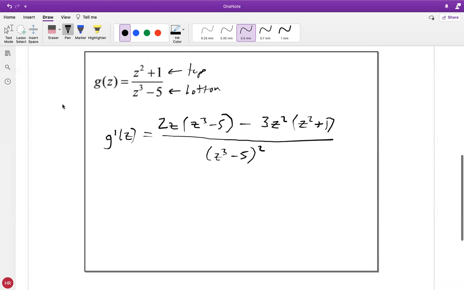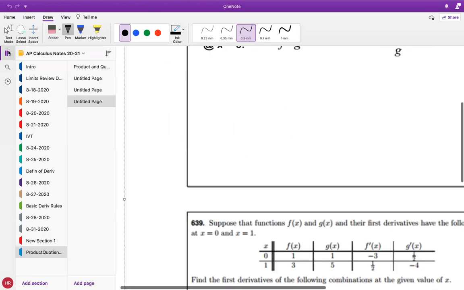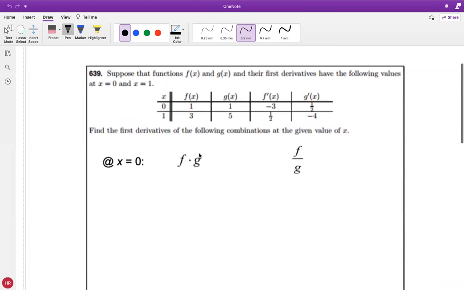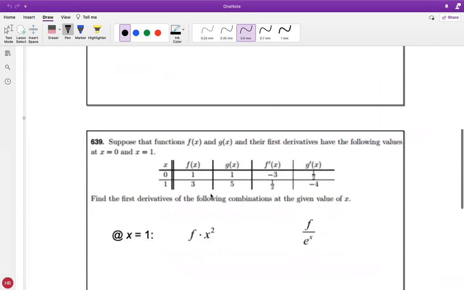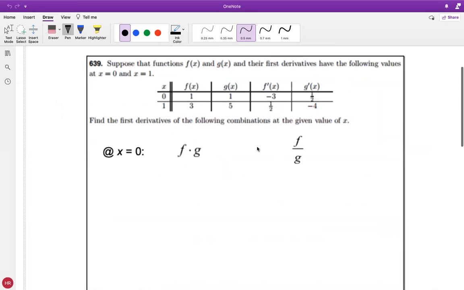So pretty straightforward once you get a handle on the memorization of the rule. This is another one of these things where they do it conceptually and they make you just know what the rules are and then plug in the values that they give you. So this is a product here.